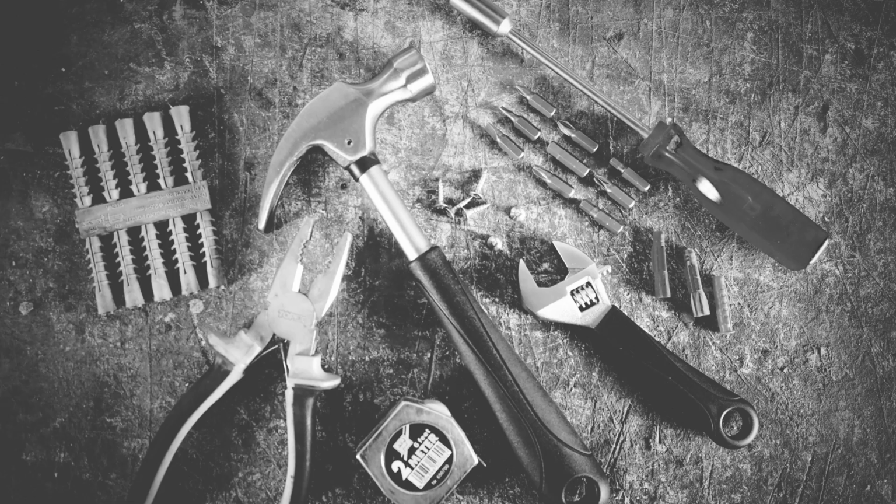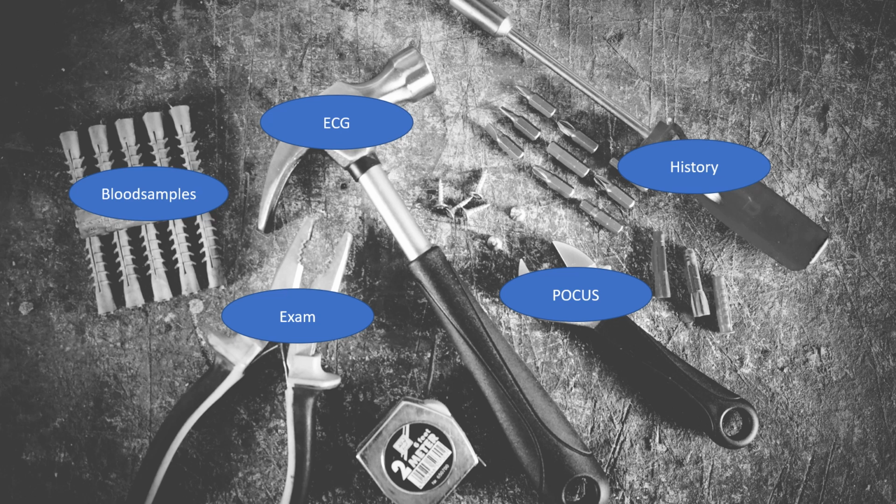So in our toolbox of diagnostic tests, the ECG is a really important test, but we should use the other stuff as well: blood samples, exam, POCUS, and history. And don't look blindly at the troponin. If there's obviously an ECG finding of an OMI and you have the right history, then don't wait for the troponin. Oftentimes they're not positive anyway, and they're not just slightly positive in a lot of the very serious OMIs.